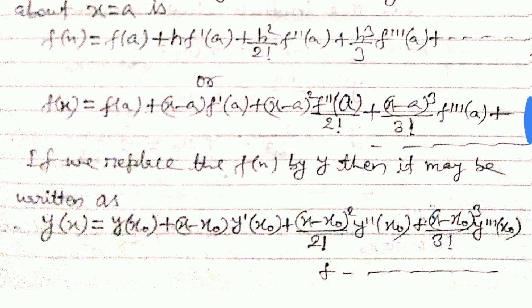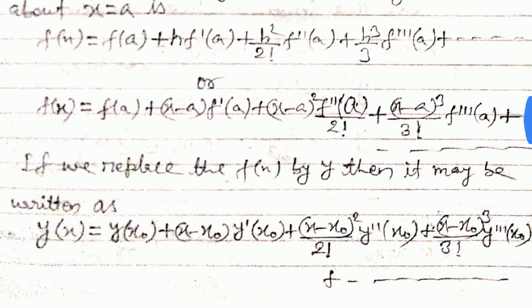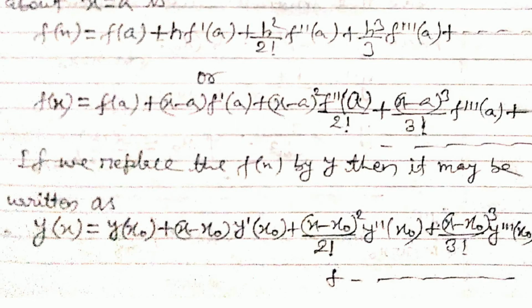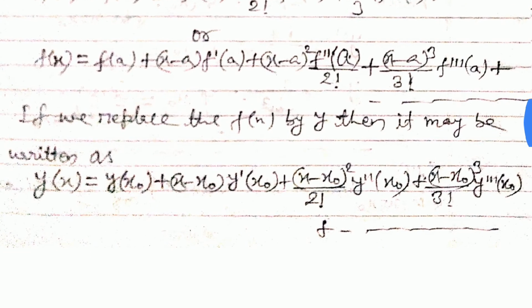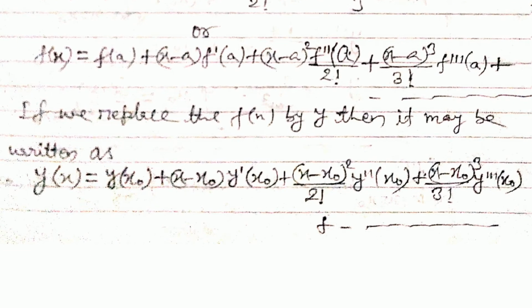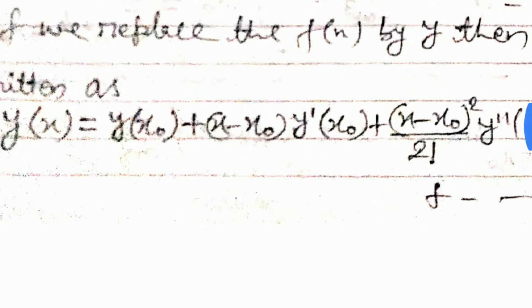Here f(x) is y, so in numerical methods we represent it by y(x) also for f(x). We start from a particular value of x, generally denoted by x naught.